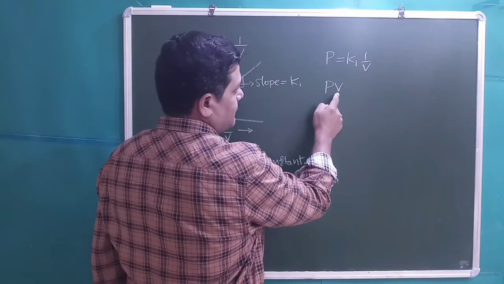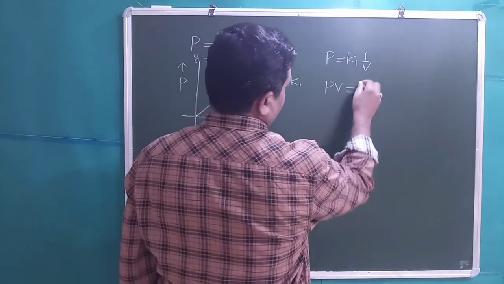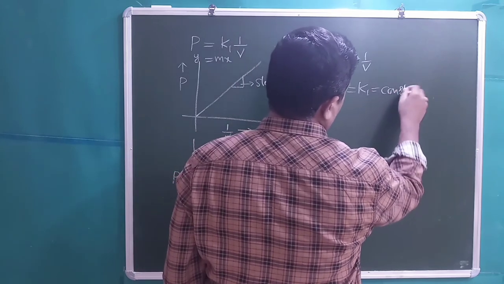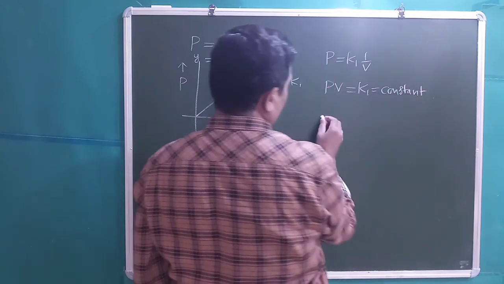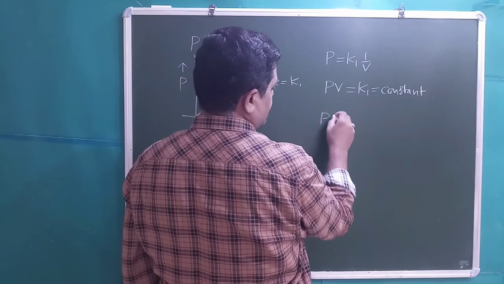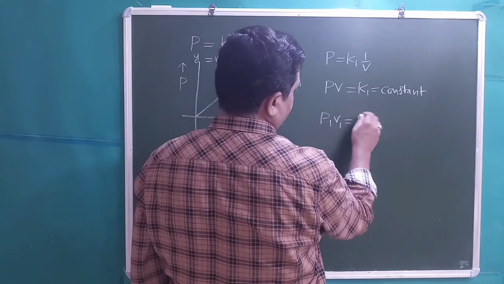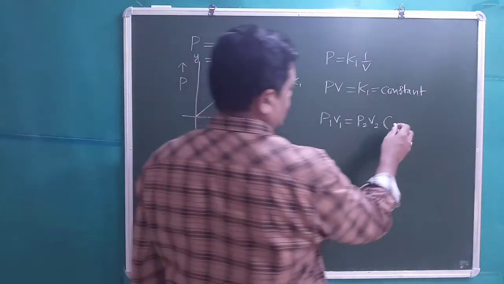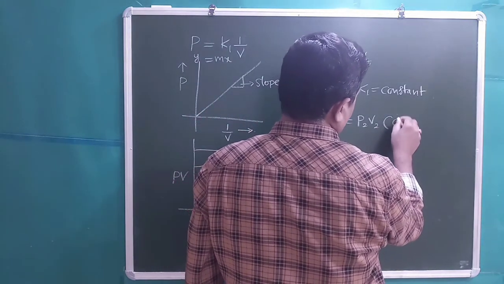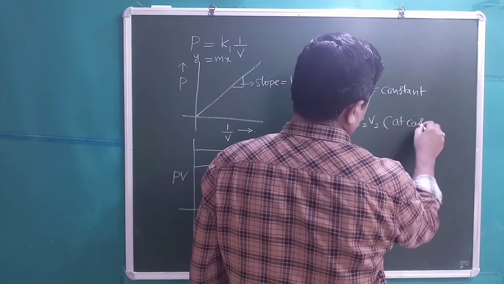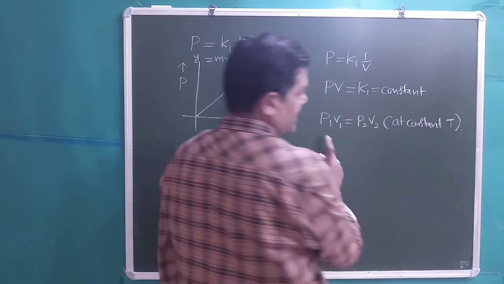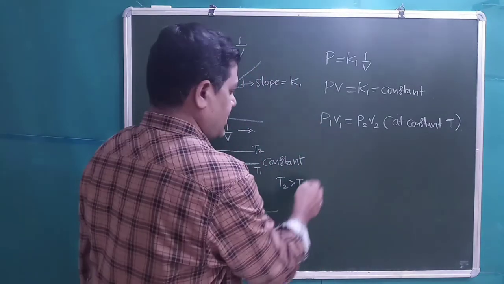We will get PV is equal to some constant K1. At two different conditions, we can write this as P1 V1 is equal to P2 V2, provided temperature is constant. At constant T, P1 V1 is equal to P2 V2.